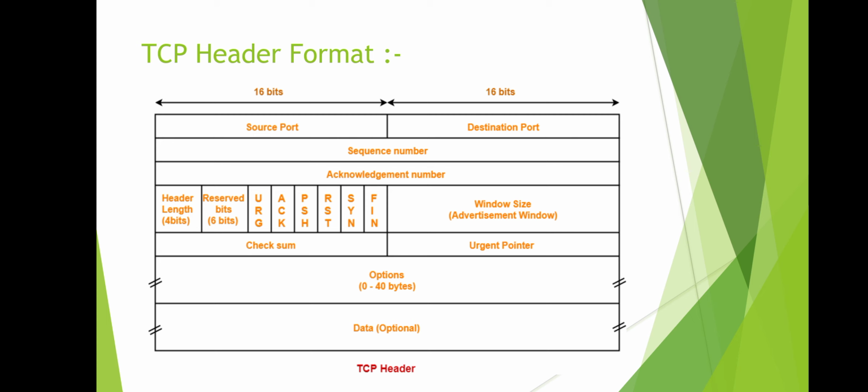Checksum is used for error checking of the header and data. And the urgent pointer, it is also 16-bit, and it is used to point to the urgent data. And options range from 0 to 40 bytes, and are used for extra features like window scaling, timestamp or padding, etc.